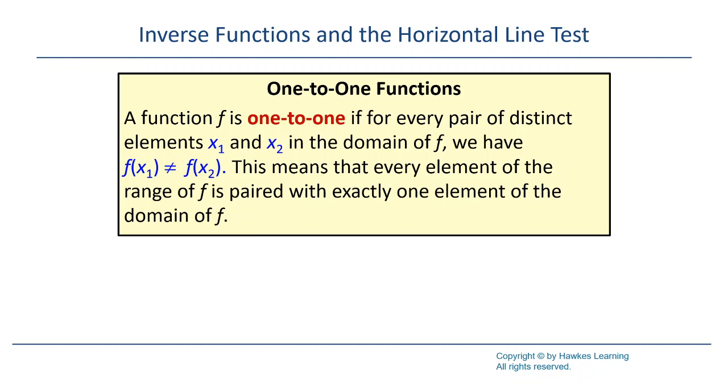So what the horizontal line test is actually doing is checking if the function is 1-to-1. A function being 1-to-1 implies that every input has exactly one output.